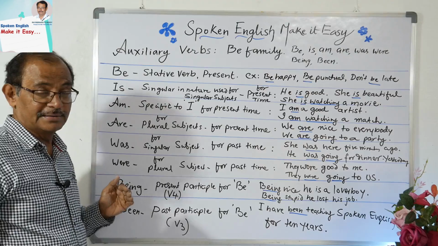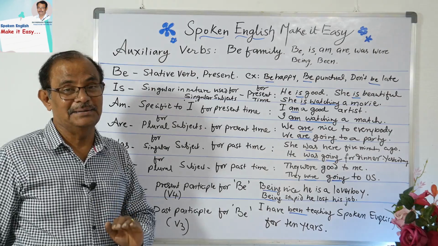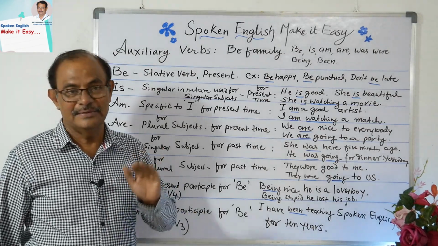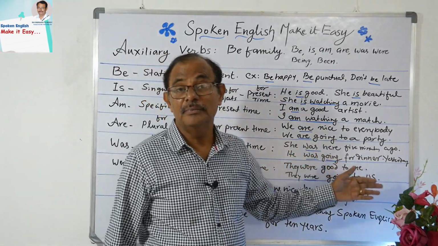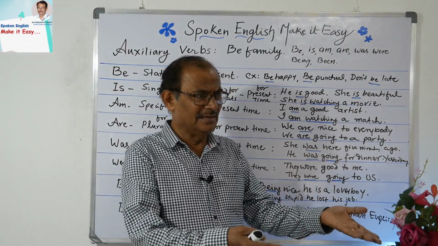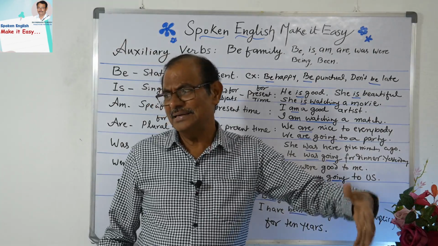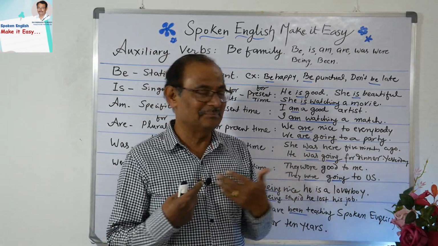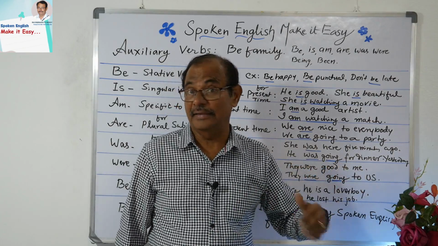Next come to was. So was is used for a singular subject, but for the past time, not for the present time. Okay, she was here 5 minutes ago. Somebody asked, where is she? Then she was here 5 minutes ago. That was my reply. Okay, next, he was going for a dinner yesterday.